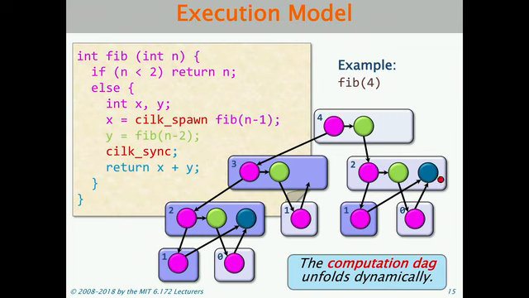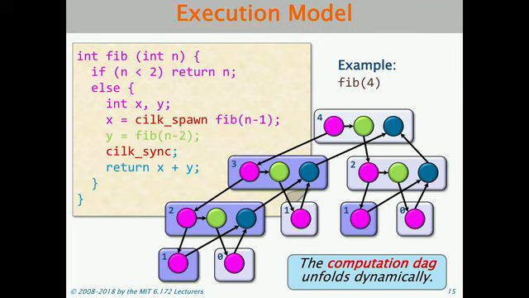And I have another blue node here. And then it's going to pass its value to the parent that called it. So I'm going to pass this up to its parent, and then I'm going to pass this one up as well. And finally, I have a blue node at the top level, which is going to compute my final result. And that's going to be the output of the program.